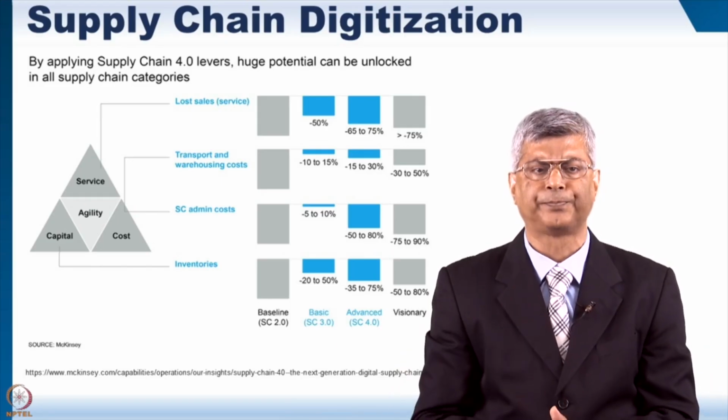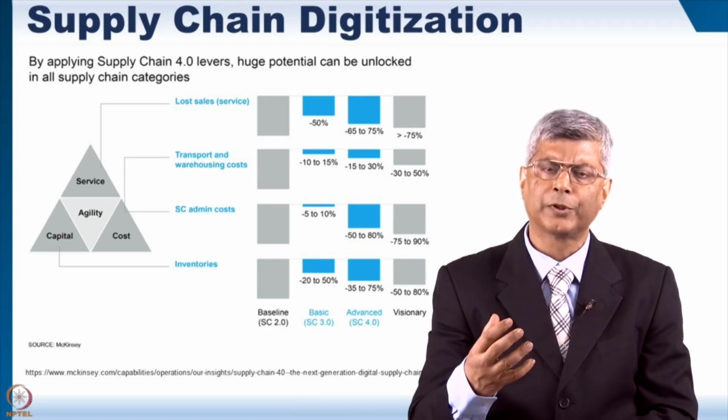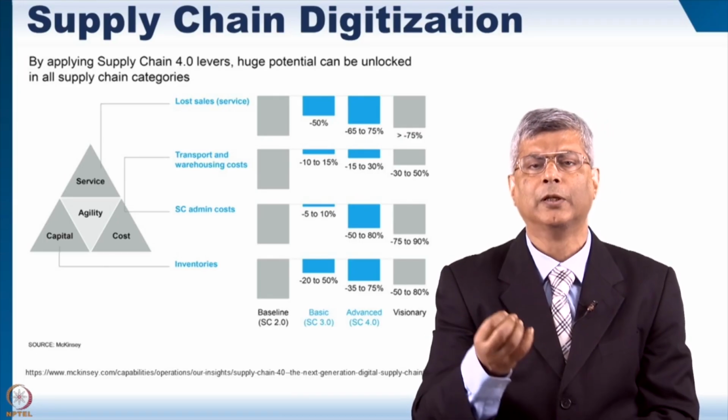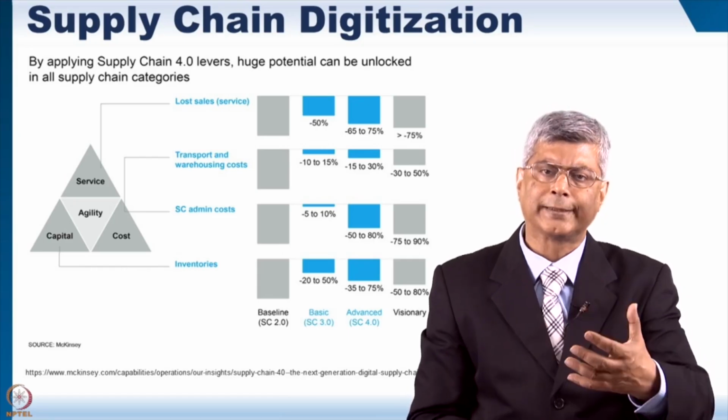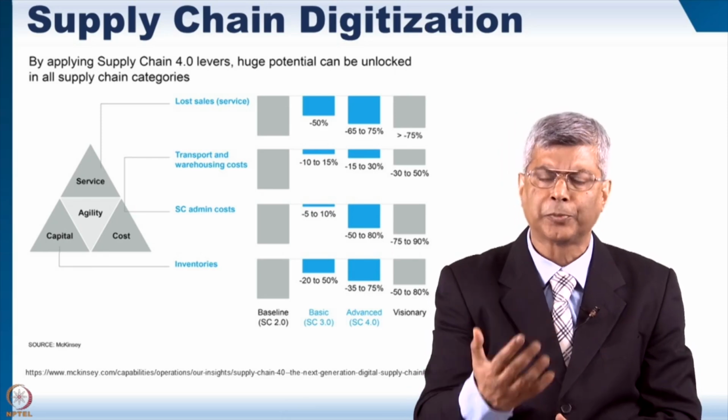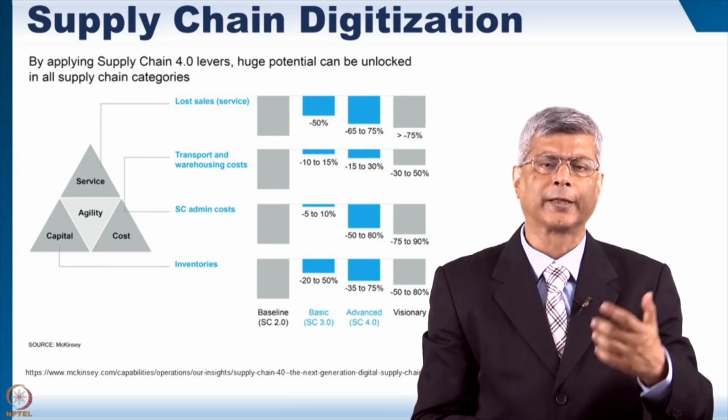So what are the levers? A lot of times you lose sales. You lose sales because you have not been able to fulfill the order, because the inventory is not there, or the transport takes too long, or the product is spoiled.